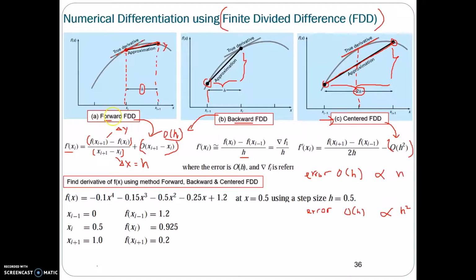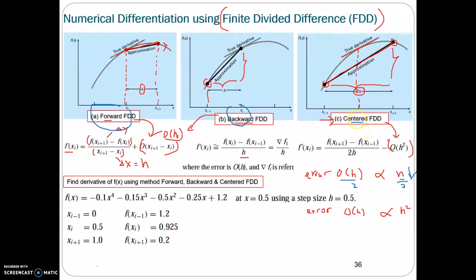Bear in mind, the forward and backward finite divided differences have an accuracy level of O(h), and the center finite divided difference has an accuracy level of O(h squared). For the first 2 methods, the error is proportional to the step size. When you reduce the step size, let's say by half, then the error computed by the forward and backward methods will be reduced by 2 as well.